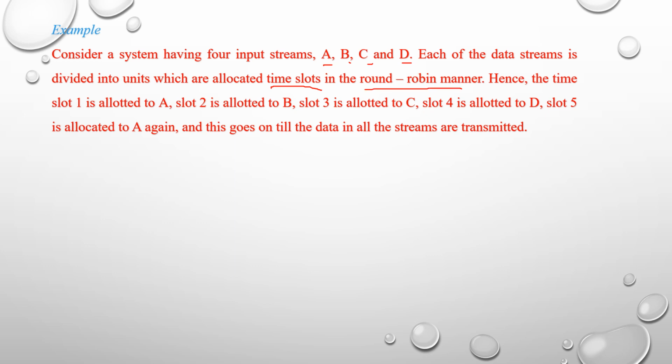Hence, time slot 1 is allocated to A, slot 2 is allocated to B, slot 3 is allocated to C, and slot 4 is allocated to D. And again, slot 5 is allocated to A, and this goes on till the data in all the streams are transmitted.